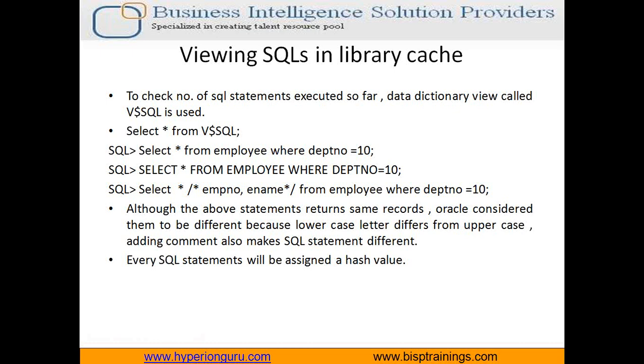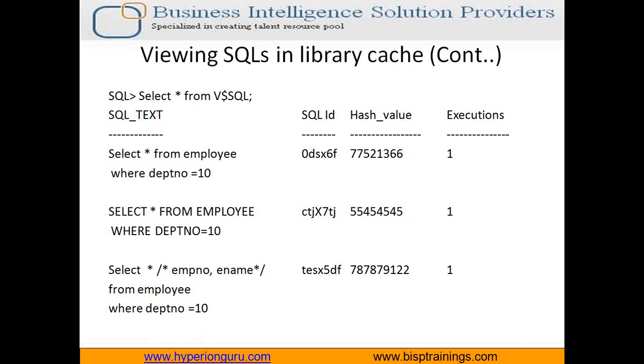Every SQL statement is assigned a hash value, as we'll see here. If we do select star from $SQL, what are the important fields I'm going to show you? SQL text: select star from employee where department is equal to 10. This is the actual SQL statement executed by someone. Every SQL statement has a unique ID, and a unique hash value.